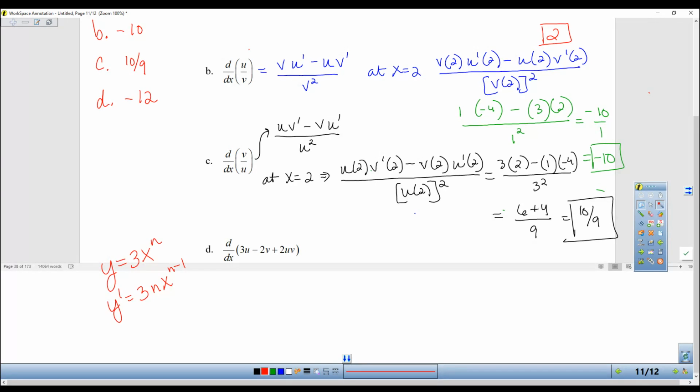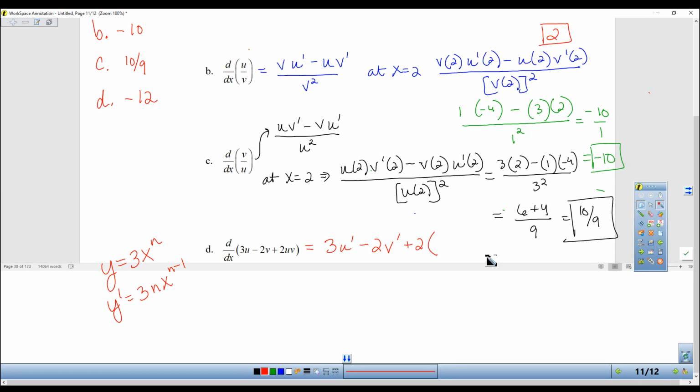That 3 is just part of the problem. So this derivative is just 3u prime. The derivative of negative 2 times v is negative 2v prime. But the hard one is the last one.